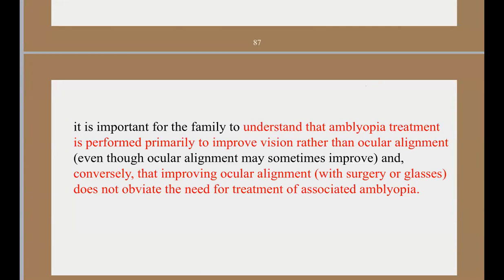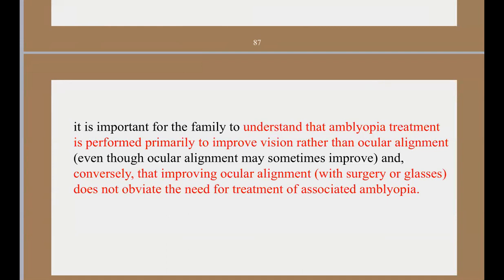This is for counseling. You should tell the parent, should tell the father, that your child needs to treat the amblyopia either before the surgery or after the surgery. It may improve the ocular alignment, but this is not the main purpose of treatment.